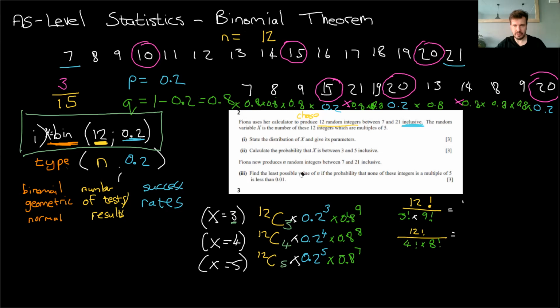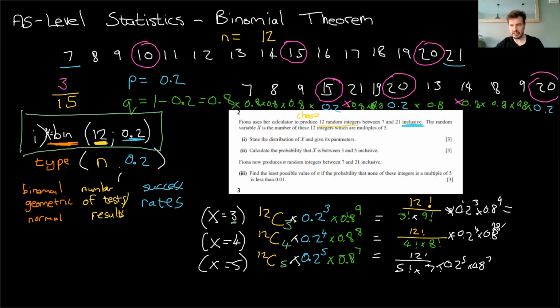So let me just stop having to spend time changing colors. The colors are just for explanation. So this would be times 0.2 to the 3 times 0.8 to the 9, times 0.2 to the 4 times 0.8 to the 8, times 0.2 to the 5 times 0.8 to the 7.